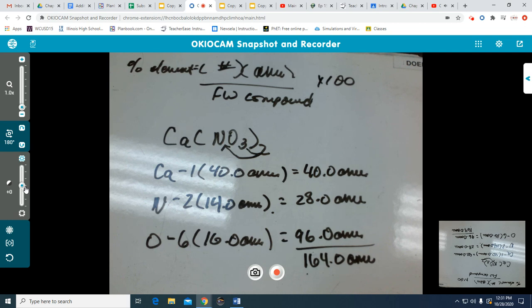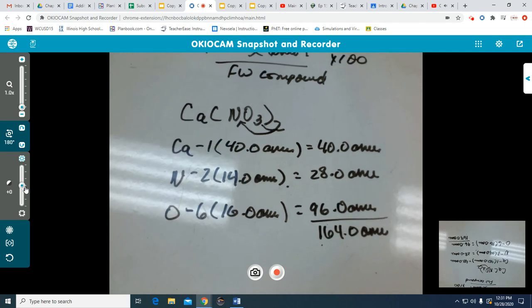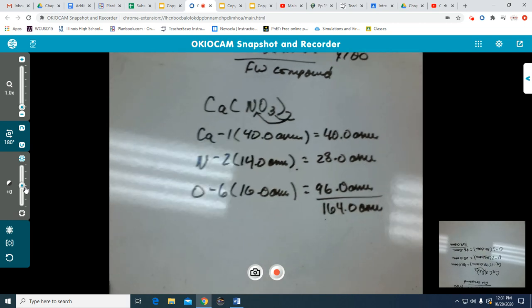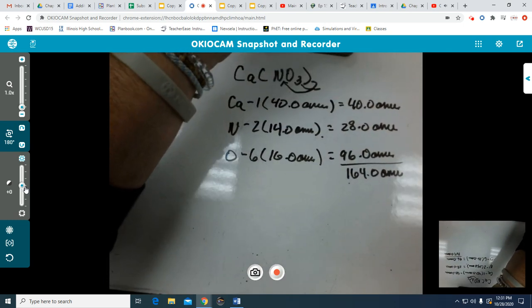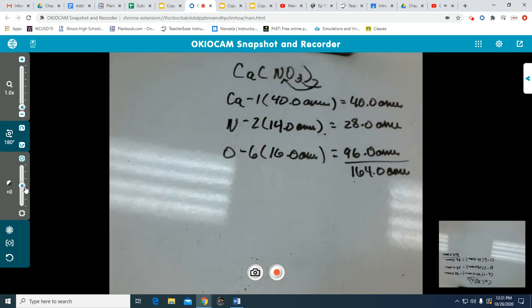Okay. So now that we have our formula weight for calcium nitrate, we can go ahead and calculate the percent composition of nitrogen that is asked of us in the practice question.